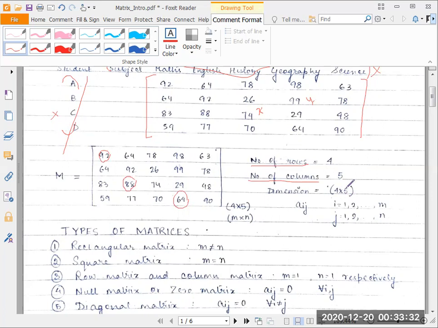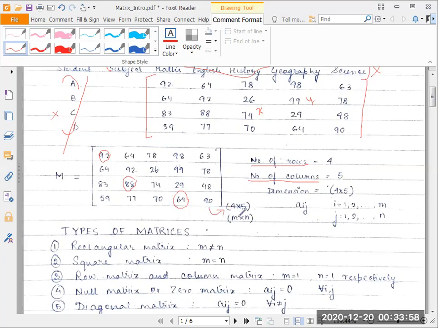Usually the notation or the way of speaking, that is the language, is 4 cross 5. So whenever you're asked what is the dimension of a particular matrix, the dimension is essentially the number of rows cross the number of columns. So since we have 4 cross 5, we say that the dimension of this matrix is essentially 4 cross 5.